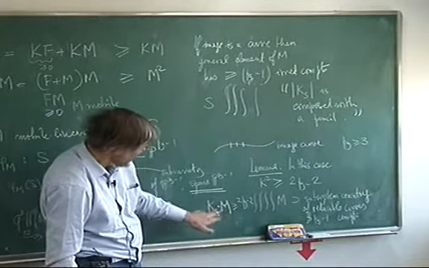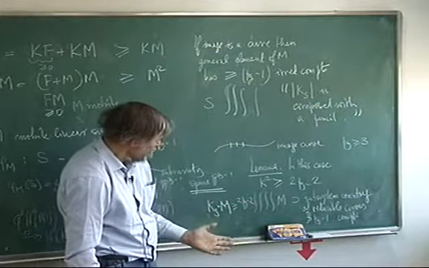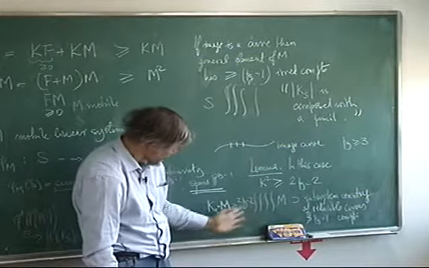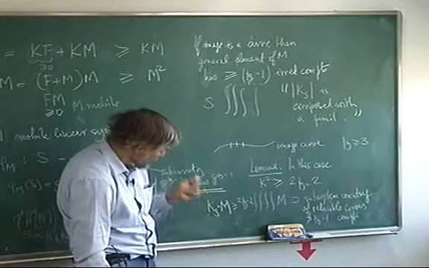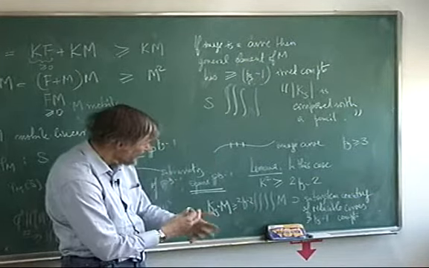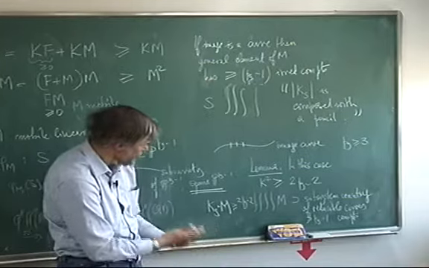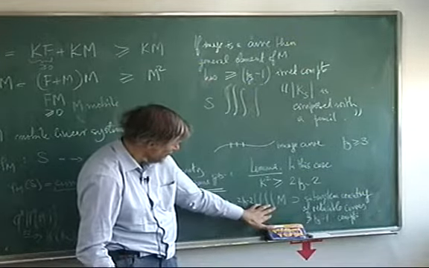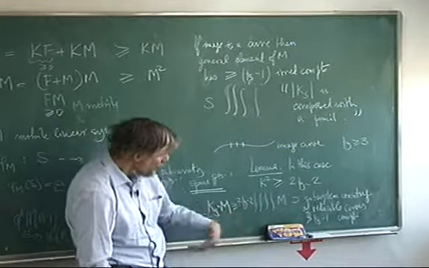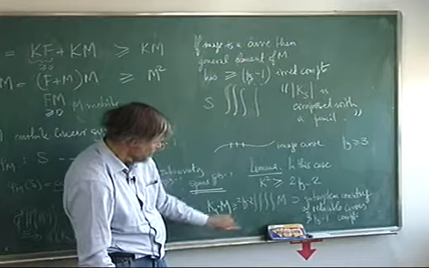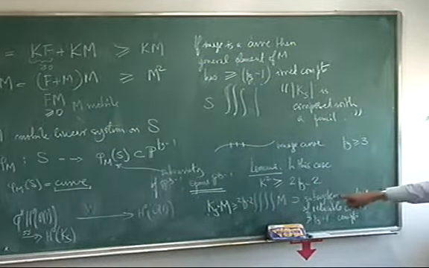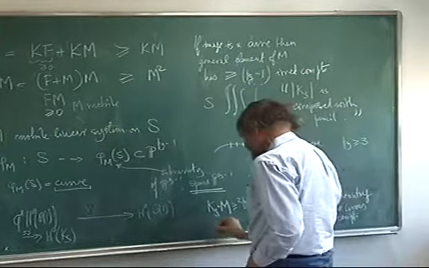K times each of these curves can't be 0 because K is big. If K times each of those curves is 1, then each of these curves itself has to have odd intersection number, and therefore intersection greater than or equal to 1. In that case, I'm going to get (p_g minus 1) all squared, which is always bigger than this. Sorry, I'm saying this a bit quickly, but it's basically elementary.